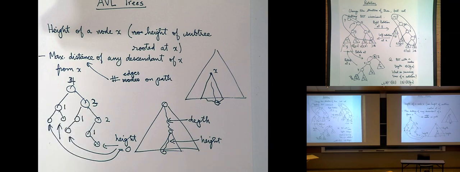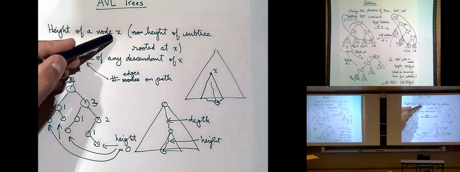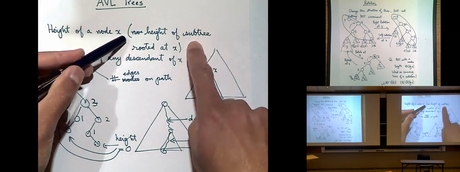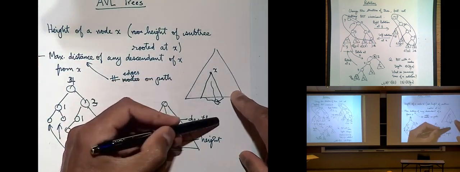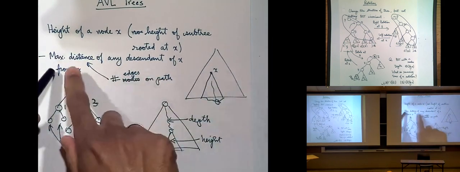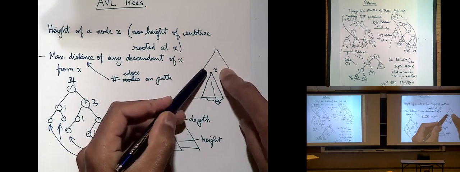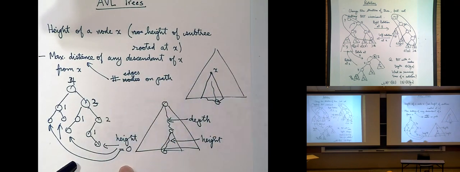Right? That's the height. And when we're measuring depth, we're measuring distance to the root. So the height of a node x is also called the height of the subtree rooted at x, because you're only looking at things that are descendants of x. Does that make sense? Yeah, so that's the definition of the height of a subtree.